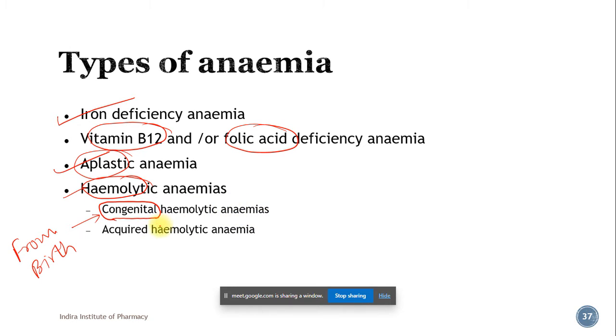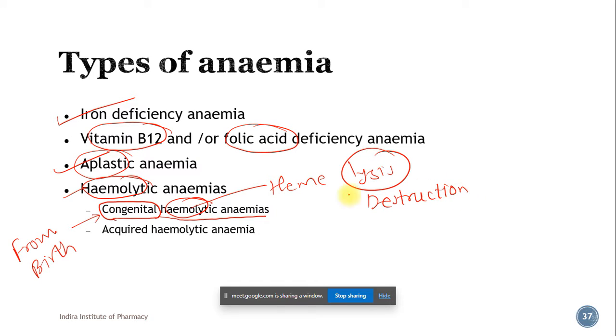So when a baby is born, at that time only the baby is suffering from hemolytic anemia. The word hemolytic is made up of heme and lysis, and lysis means destruction.